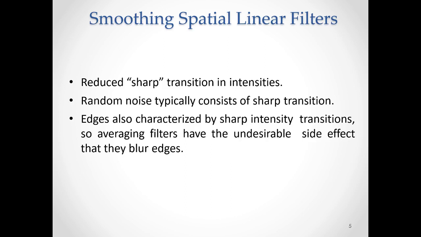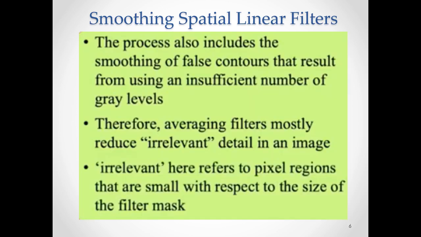In figure B, if we add all the coefficient values, we get 16. Hence, to normalize and get the average value, we divide each coefficient in this filter mask by 16. This is a standard average filter mask, and this is known as the weighted average filter mask.